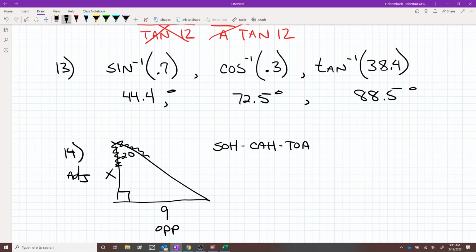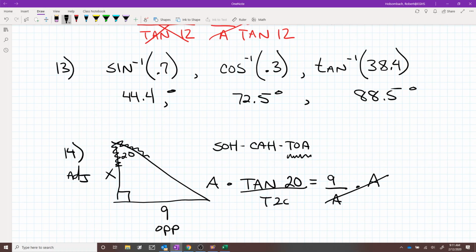Hopefully you're thinking about tan. So we've got tan 20 equals the opposite side over the adjacent side. Multiply both sides by the A. They will cancel. Divide both sides by tan 20. And your adjacent side will be equal to 9 divided by tan 20, which is 24.7.